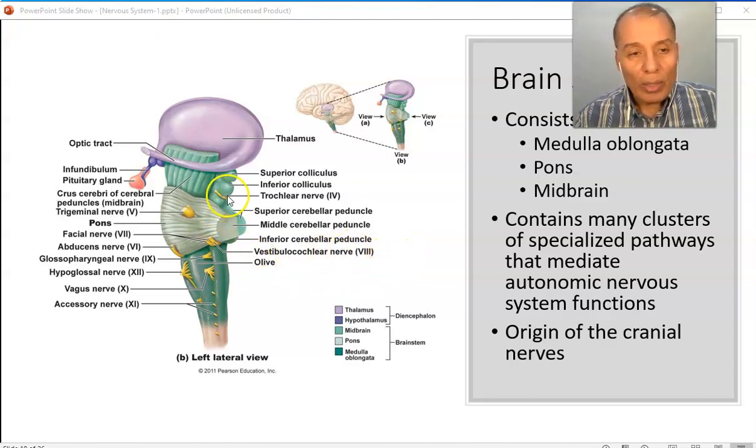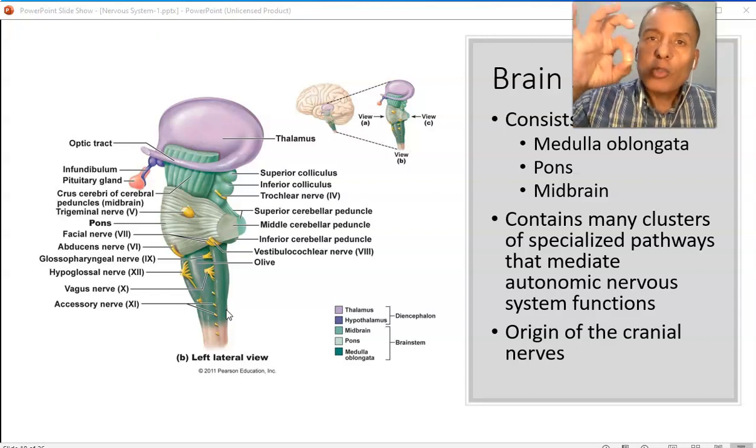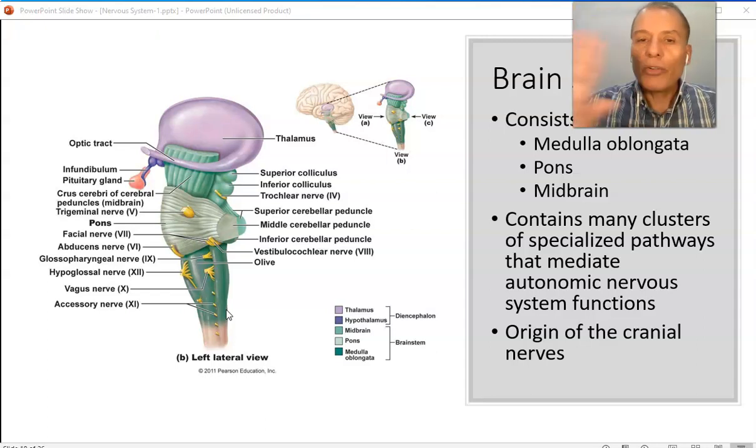In addition, along the edges of the brainstem on each side, there are 12 cranial nerves. Why do we call them the cranial nerves? Simple answer: because the roots originate inside of the skull, period.